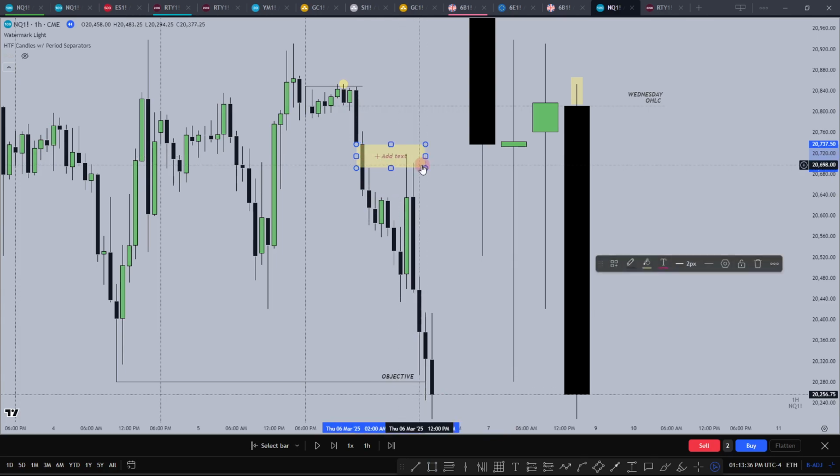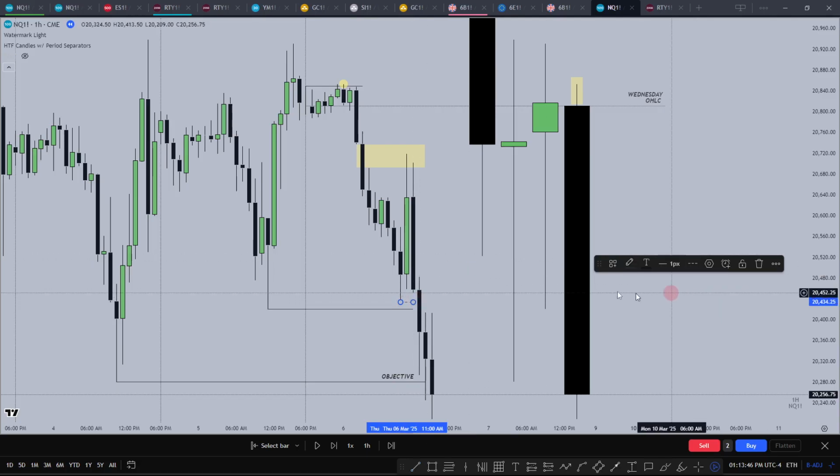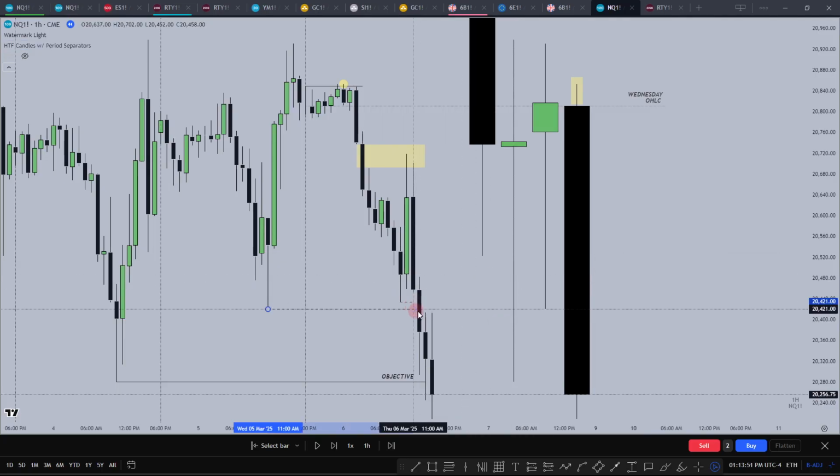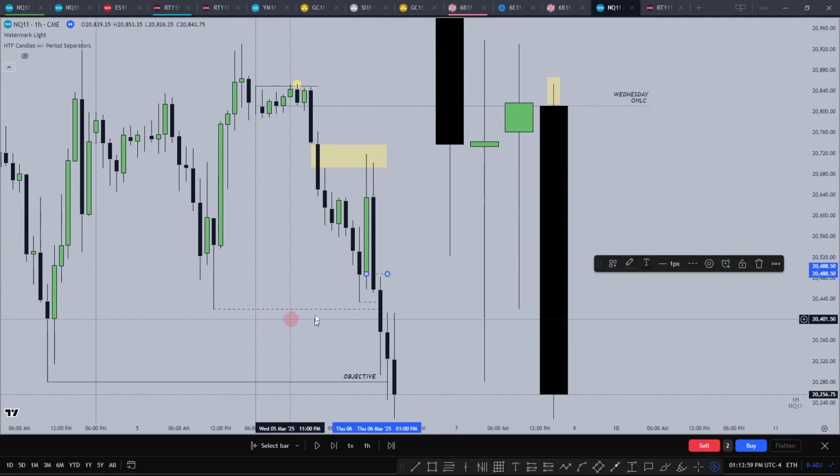So any opposing move without the objective being hit would be a retracement, leaving failure swings on the way to the objective. So best scenario. I did frame this 11 expansion away from this internal level.